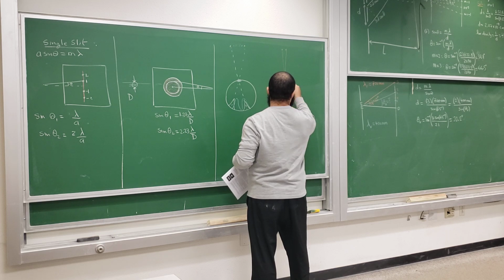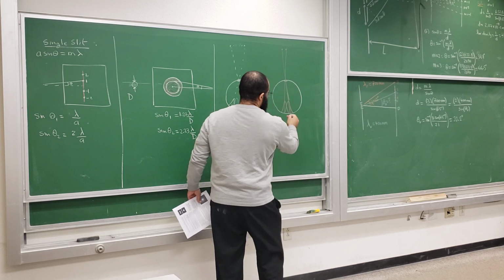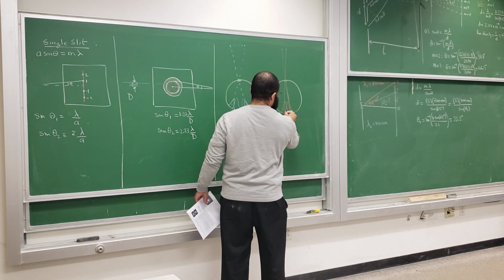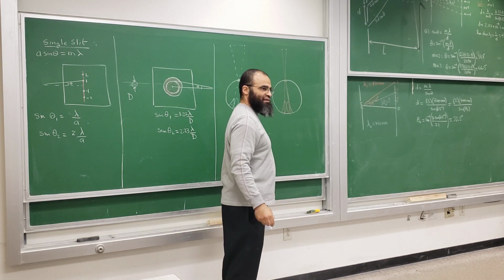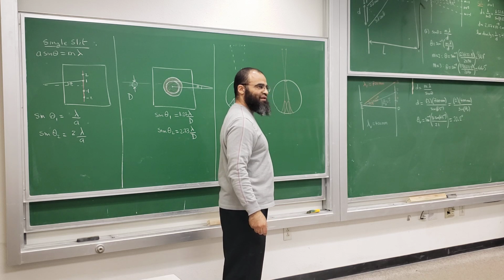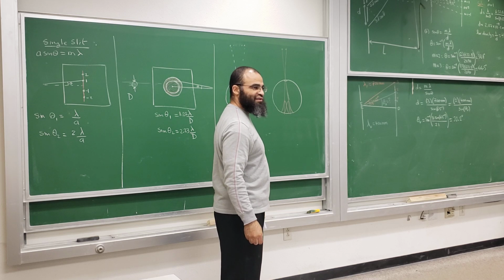I messed up with this line. So here. The dark spot of this one coincides with the maximum of the other one. Okay. Then you can't resolve it. You can barely resolve it, or maybe not. Does that make sense?